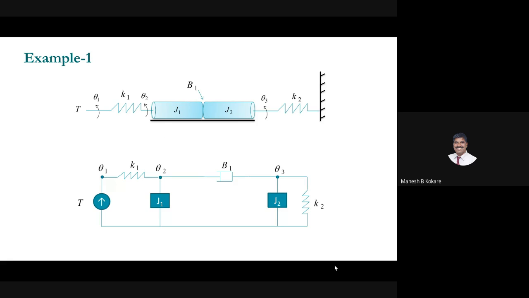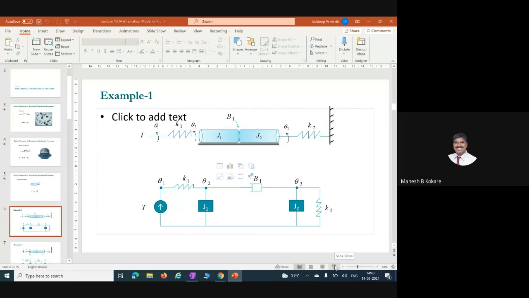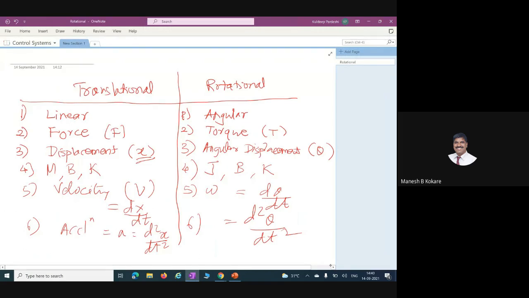For example, you take this example where one end of the rotational spring is connected to this, or before that, I'll take a simple example of how to find the transfer function of a simple rotational mechanical system, and then after that we'll come to this.